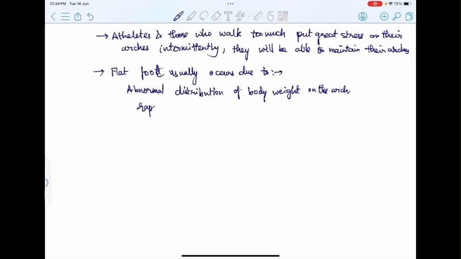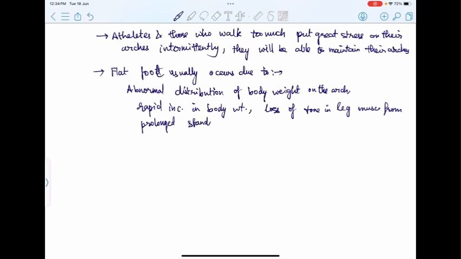Like a rapid increase in body weight, loss of tone in leg muscles from prolonged standing, faulty footwear, bad walking, long, slender, rapidly growing foot.